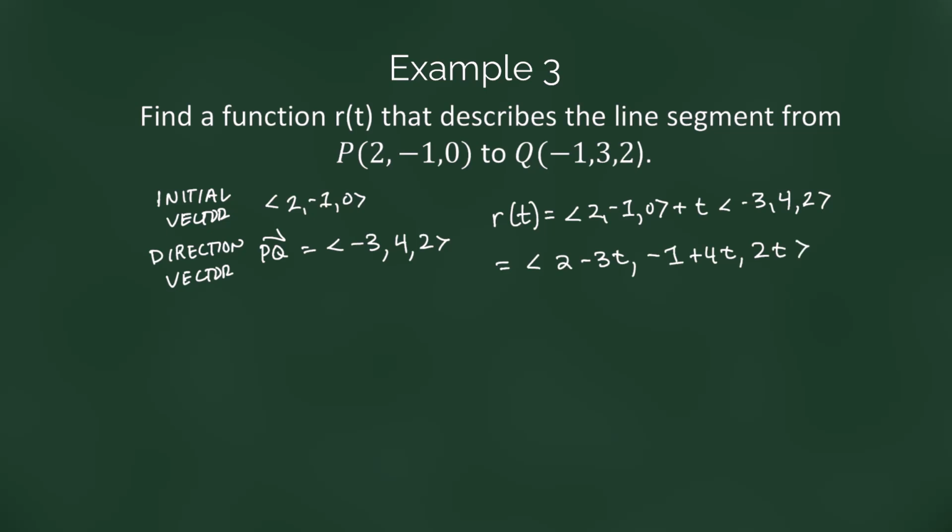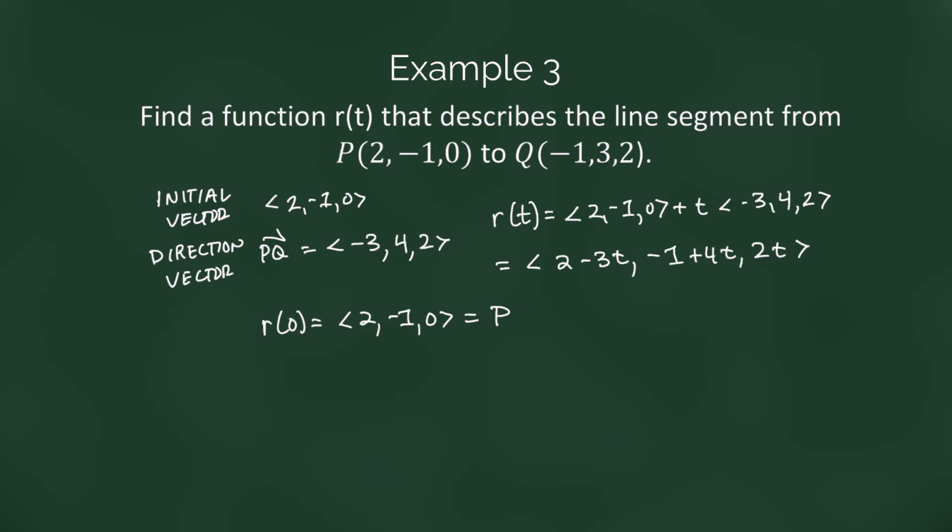However, that describes a line. Here, t can be any value, and we're going to end up with much more than our desired segment pq. So we need to restrict the domain of this. So we know that when t is 0, if we look at r of 0, we're just going to get 2, negative 1, 0, which is p.